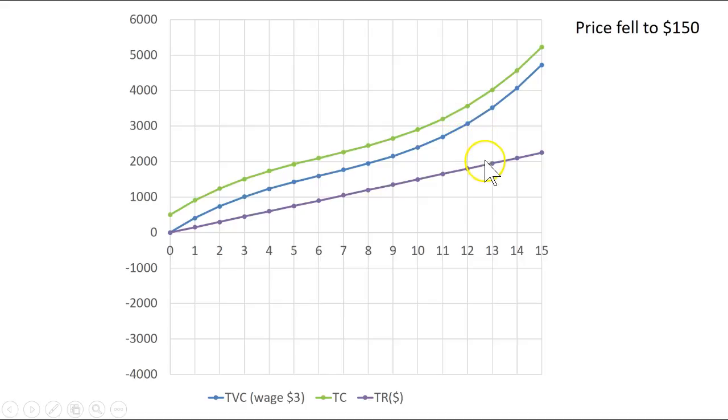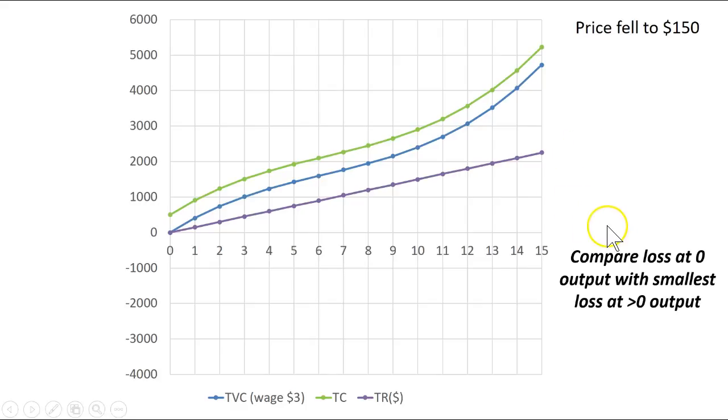It's pivoted downwards so that it is now below the total cost curve. And what's this curve here? This is the total variable cost curve. All right. Should the firm produce output at all, or should it shut down in this scenario?